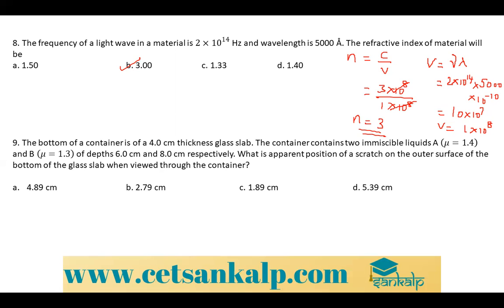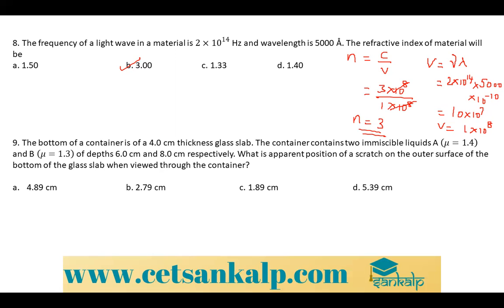So here we have the refractive indices. Let n1, n2, n3 be the refractive index of glass slab, liquid A and liquid B, because we consider the glass slab too. The corresponding thicknesses are T1, T2, T3.